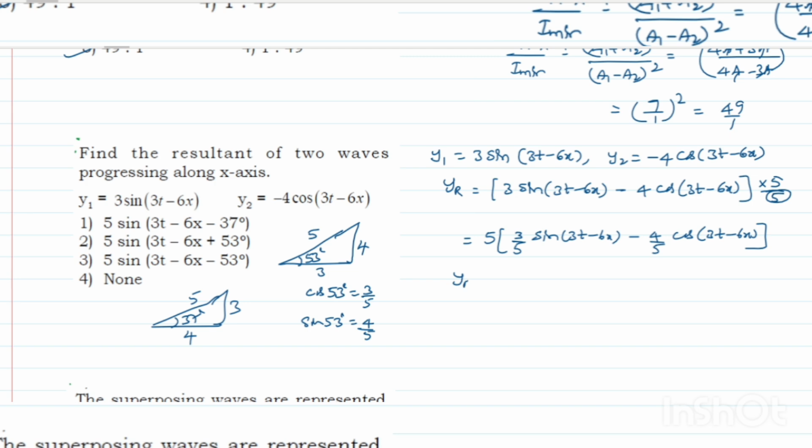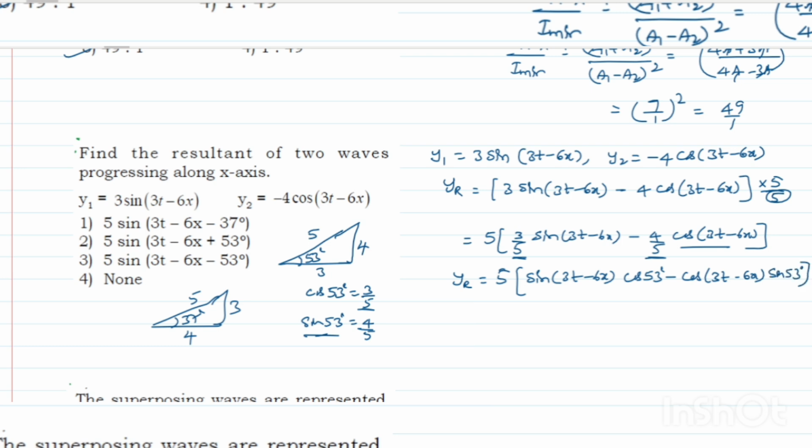Now I am rewriting this equation as 5 into sin(3t minus 6x). Instead of 3 by 5 I am writing cos 53, minus cos(3t minus 6x) into, instead of 4 by 5, sin 53.